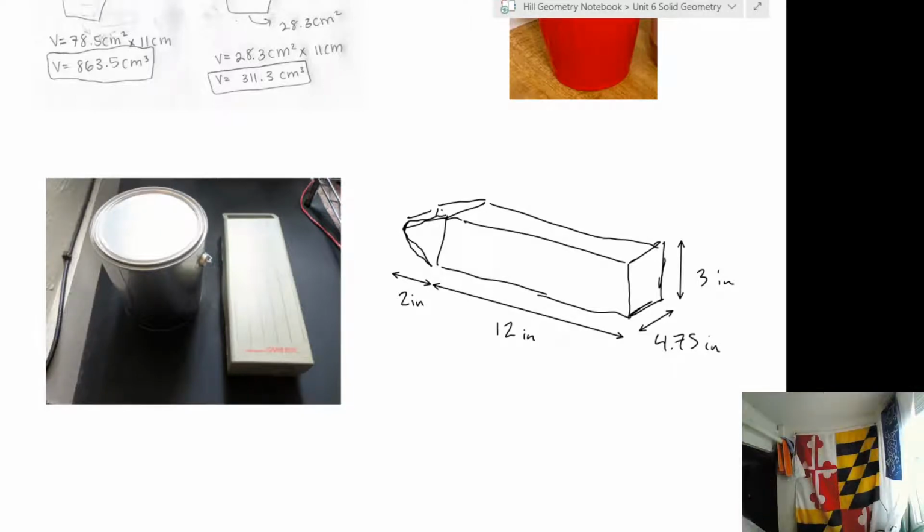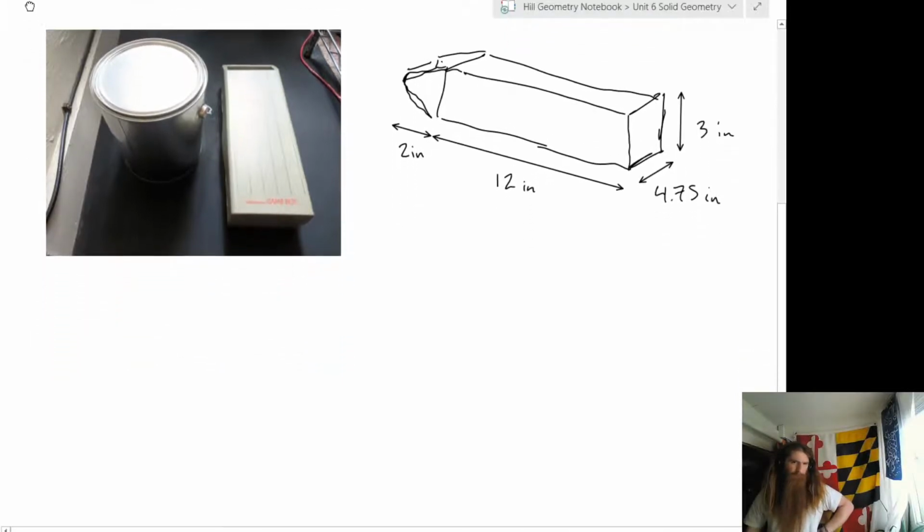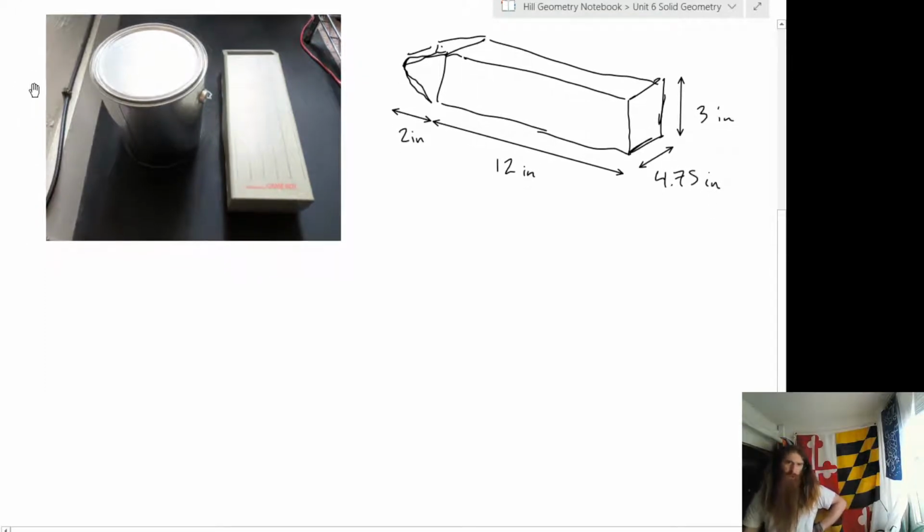Alright, let me put this down, and let's do a little bit of math. So we get to choose what our base is for our rectangular prism, and I thought it would be pretty easy if we chose this as our base, because that will then apply to 12 inches as the height, and then also 12 plus 2 inches as the bigger height.